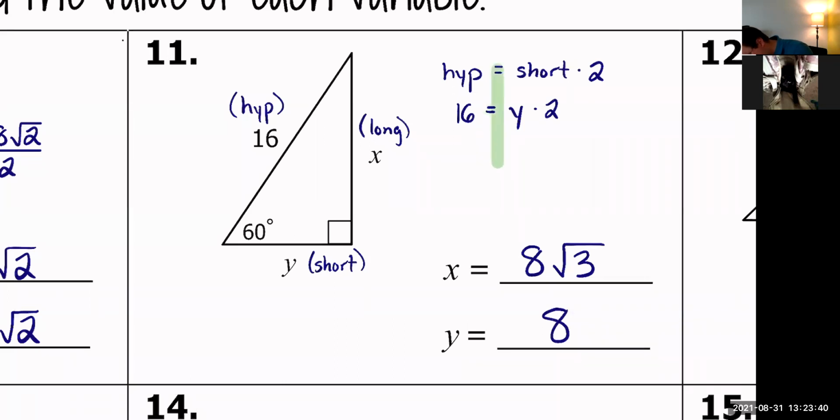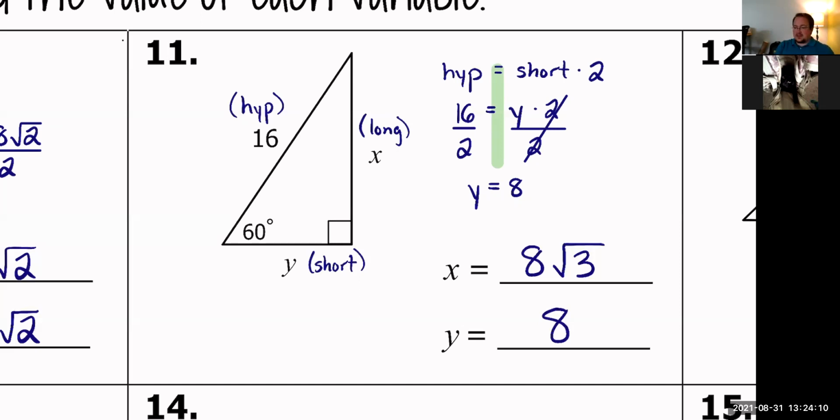Divide both sides by 2. That's where we got y equals 8. If you need to write that relationship somewhere, please do. Because then you just go into, hey, algebra mode. I know how to solve an equation.